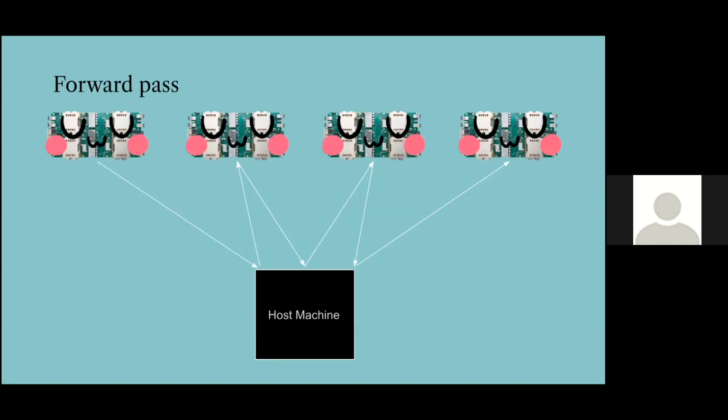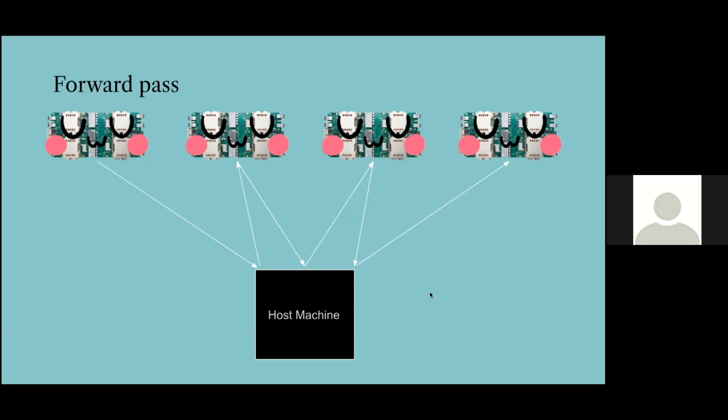For us, not having TPU VM was a very big deal because it meant that we did not have direct access to communication between TPUs, and all the tensor communication had to pass through our host machine. So a forward pass looks something like this.